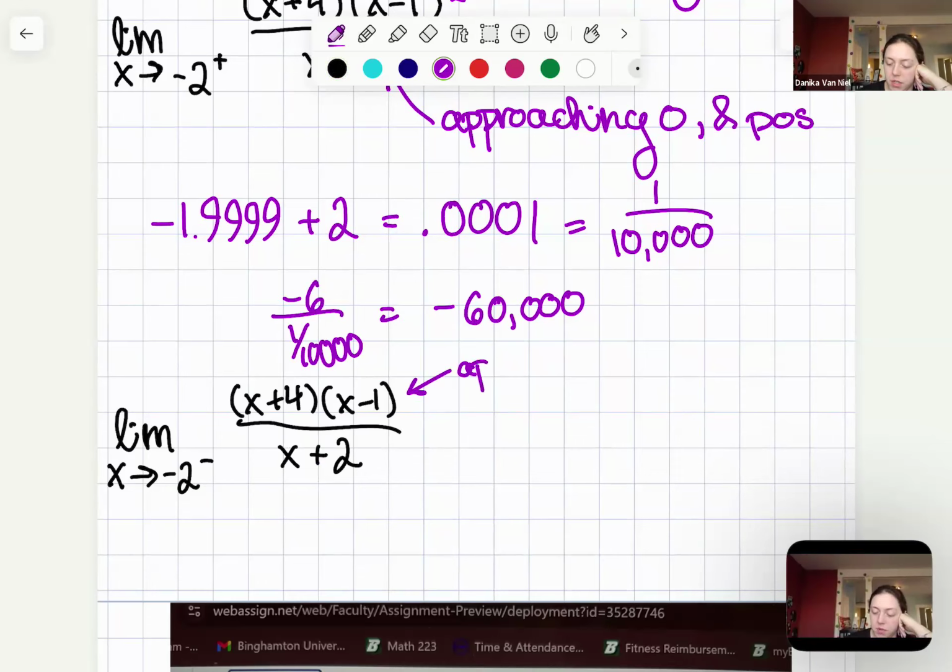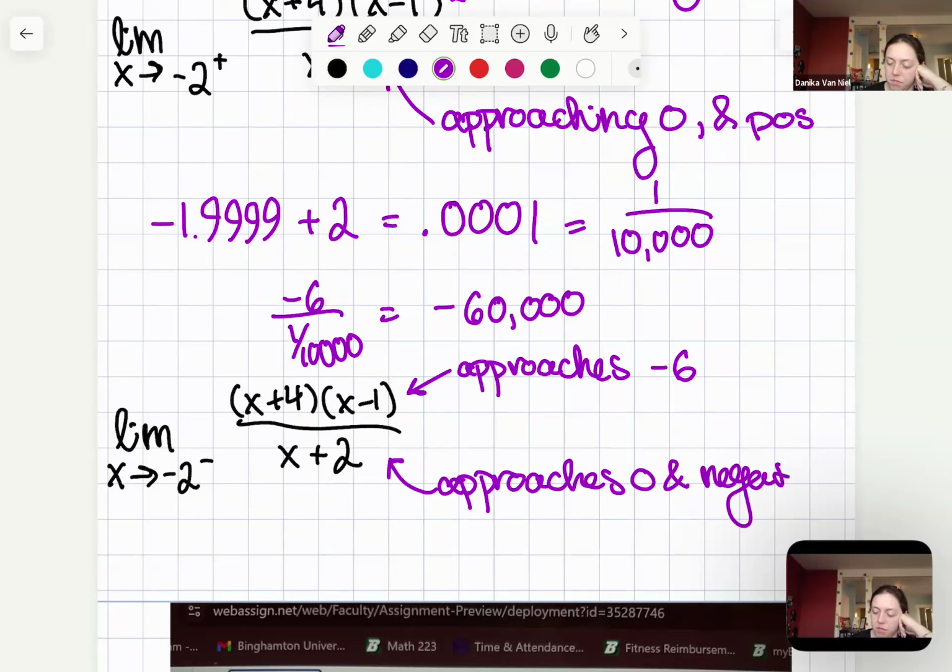Now this one approaches -6 in the numerator, and the denominator approaches 0 and is negative, because if I'm to the left of -2, that means I'm like -2.1 or something. So I'm exploding and I'm a negative divided by a negative, so two negatives cancel to be positive, so I get positive infinity.